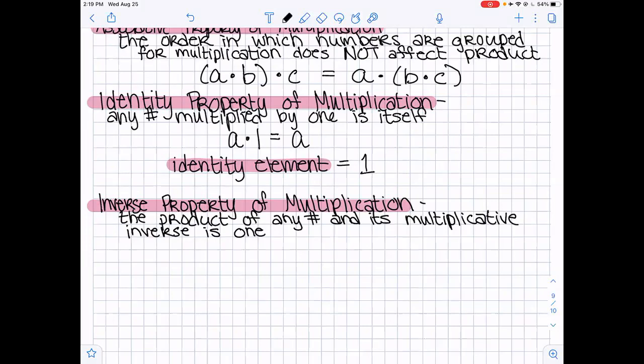Oh, careful though, because 3 times -3 isn't 1, right? Okay, so we need to know what the multiplicative inverse is. It's the reciprocal of the number.